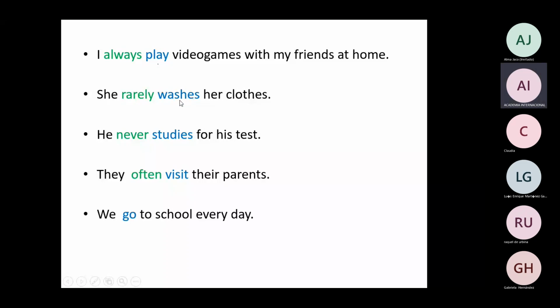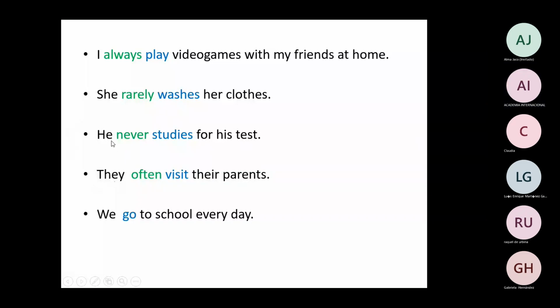Tiende a confundir un poquito eso al inicio, pero luego le damos más sentido porque de verdad esto sí se usa. Solo que muchas veces, incluso en español, no nos damos cuenta que estamos a veces usando cosas gramaticales.